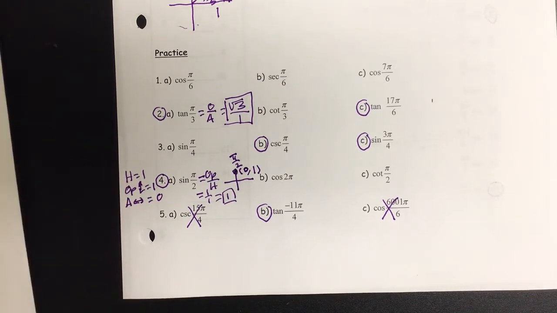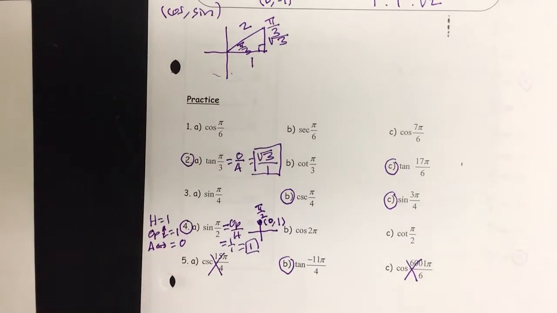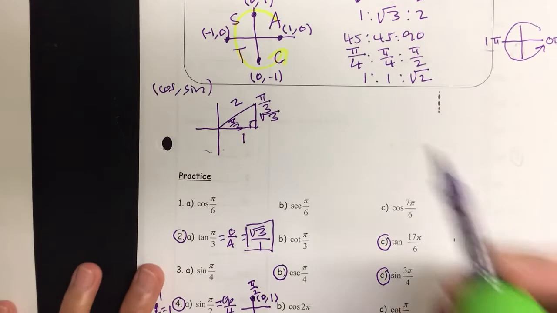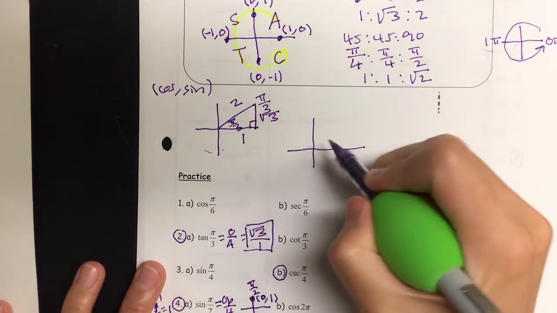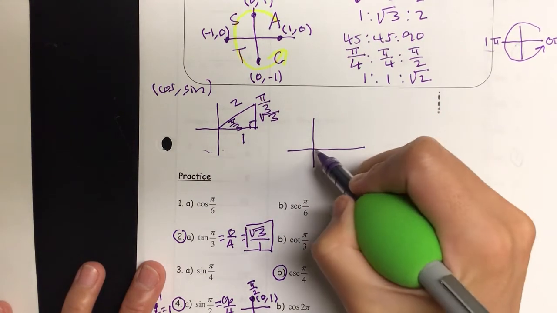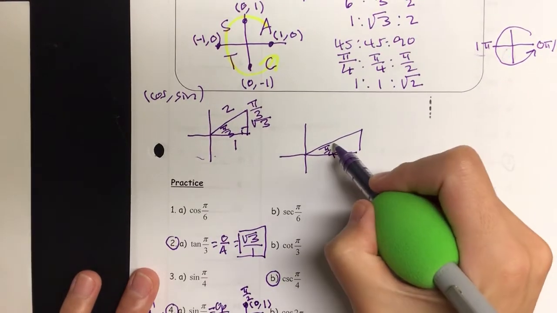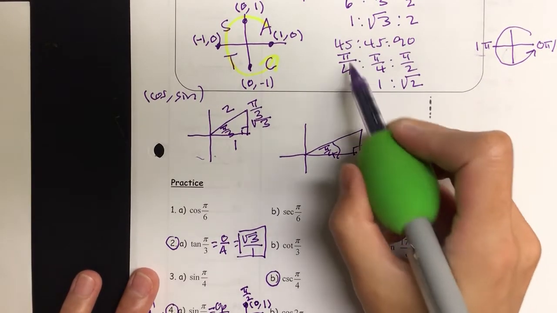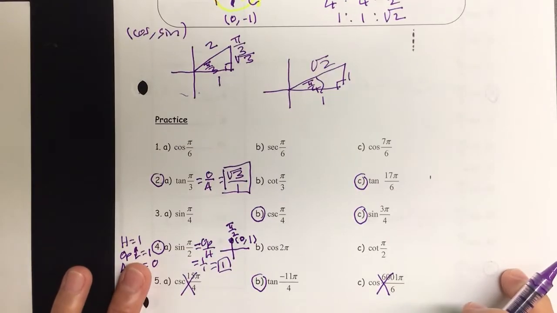Okay? So let's go on to number 3b. On 3b, where would pi over 4 lie? Also first, because 45 degrees is from 0 to 90. So here I have pi over 4. From this reference angle, my pi over 4 is 1, 1, root 2. Everyone good with that?